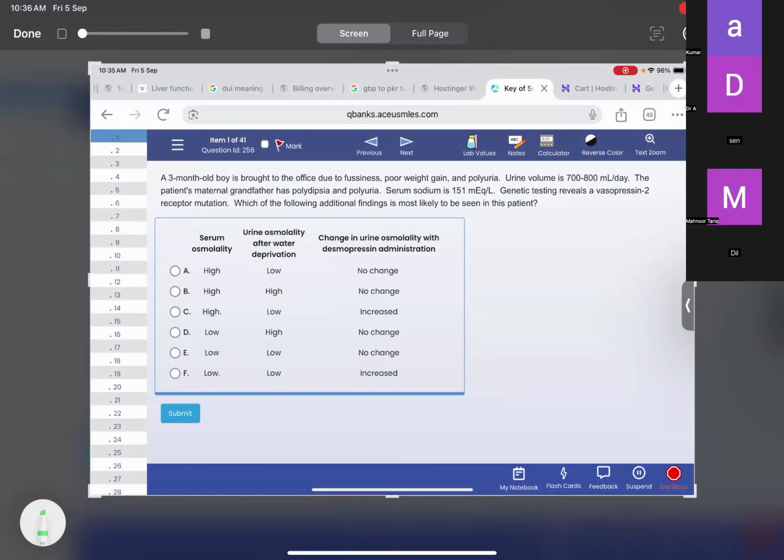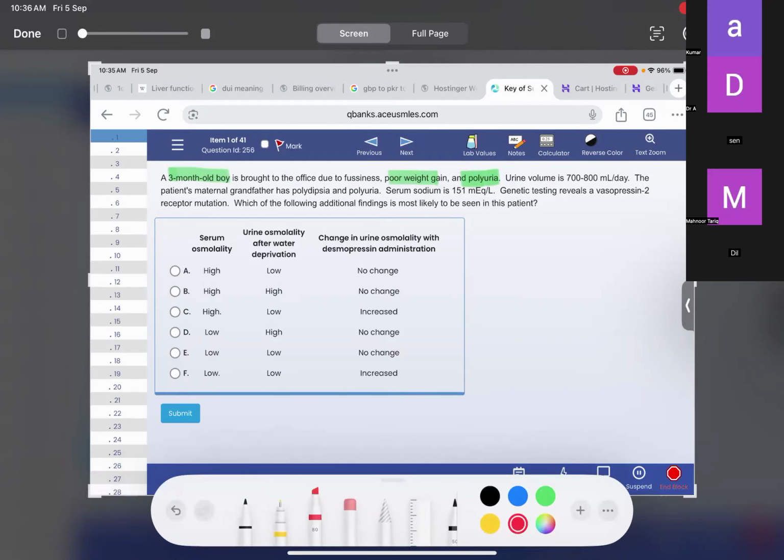We have a 3-month-old boy with polyuria and poor weight gain, right? We have the serum osmolarity, which is above normal; 140 is normal, right? Is that diabetes insipidus? Yeah.